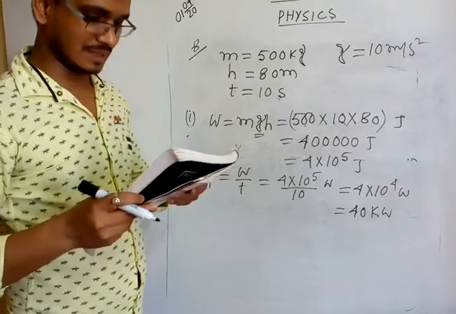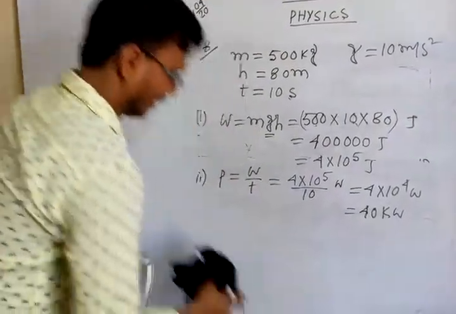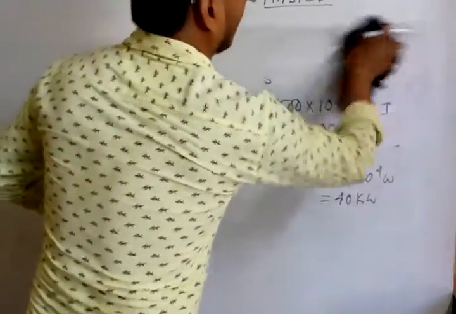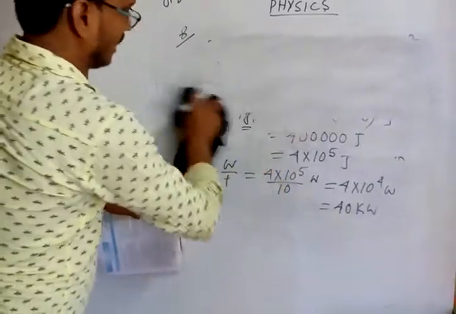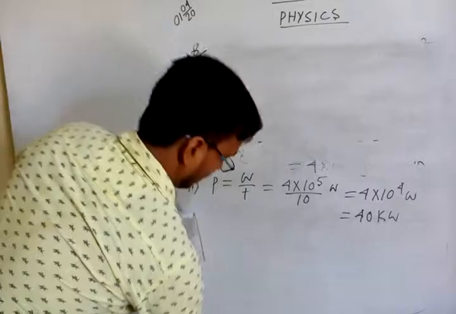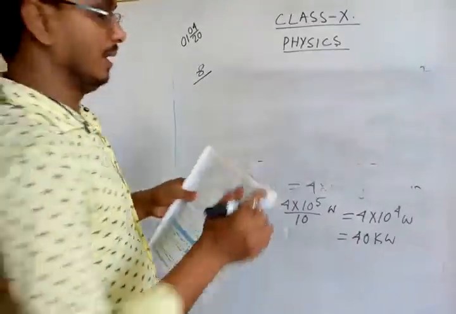Next one is efficiency, mentioned as 40%. We have to find out the power rating. We will learn efficiency fully in the next chapter, but here some hints are mentioned. Efficiency means useful power by the power input.